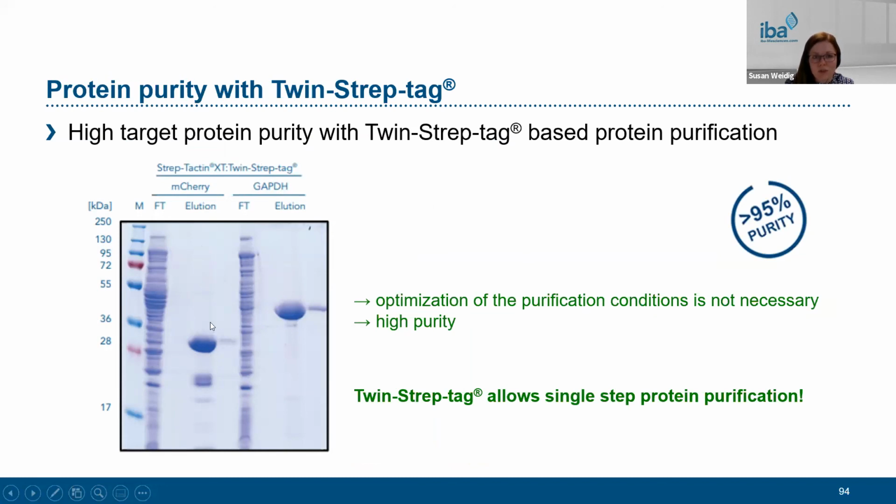And in comparison to the his-tag purification, there are no other proteins or unspecific bound proteins, and the purity is really high with more than 95%. So you do not need to optimize the purification conditions independent of your target protein, and we always have a high purity if you take the strep tag 2 or twin strep tag.